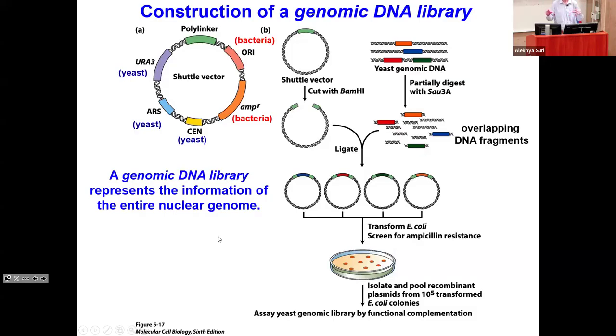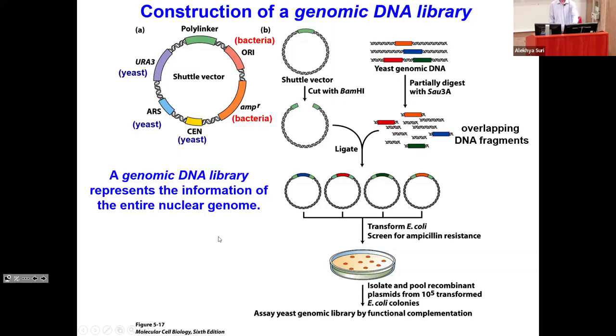So it's a collection of DNA fragments. This library contains a representation of a whole genome within this plasmid DNA. So these small fragments together would represent an entire genome.